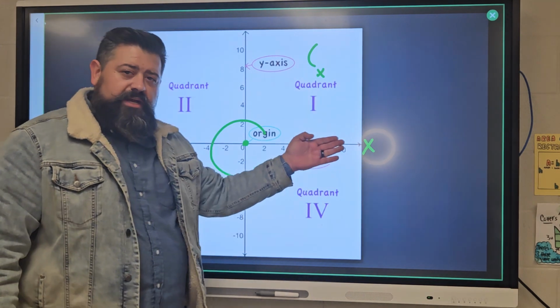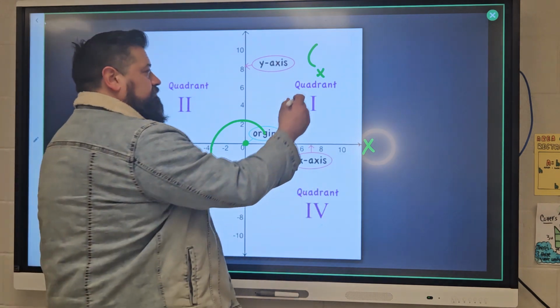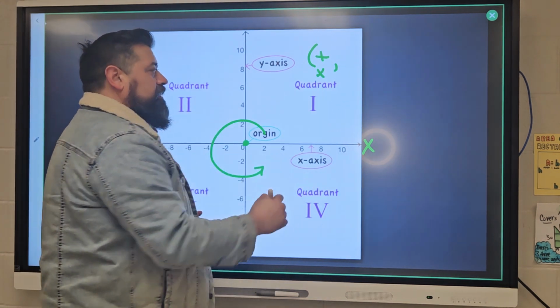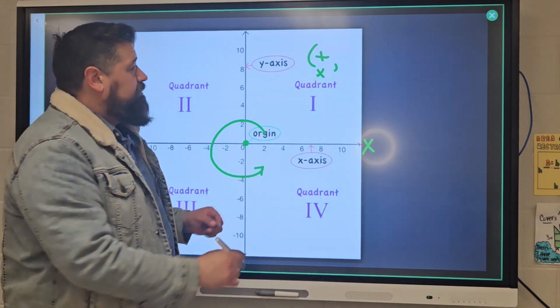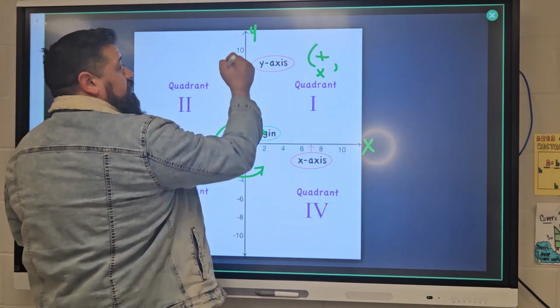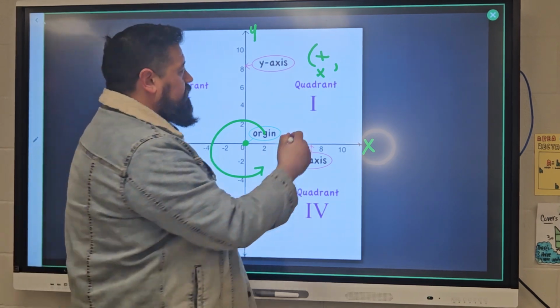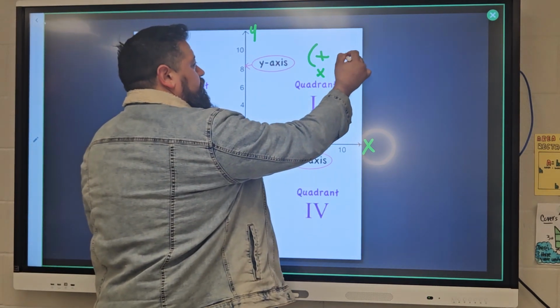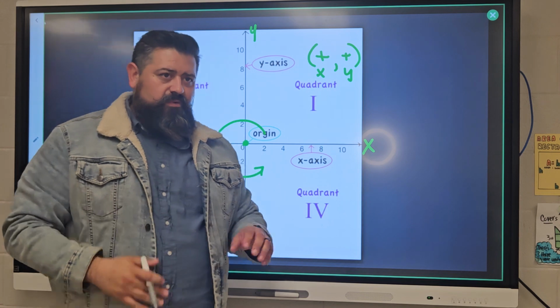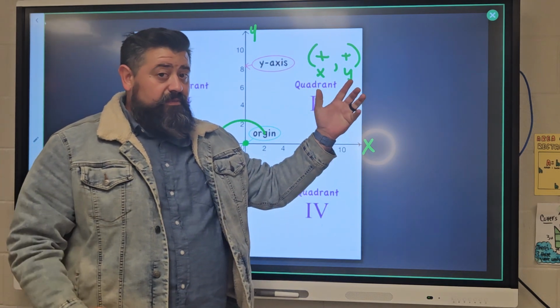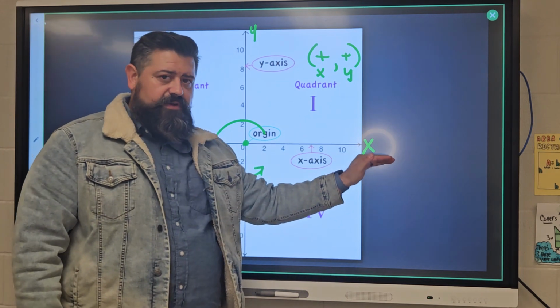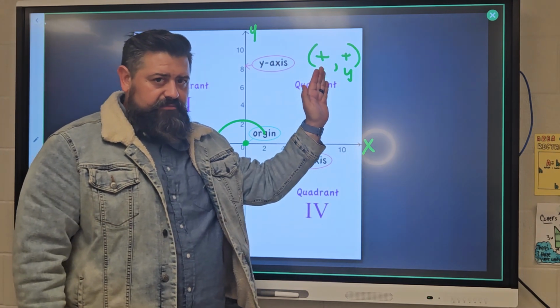If I go to the right, it's a positive number. Then I go up next, and that's my y-axis. So my numbers in quadrant 1 end up being positive. But remember, you always give me the x first and then the y.